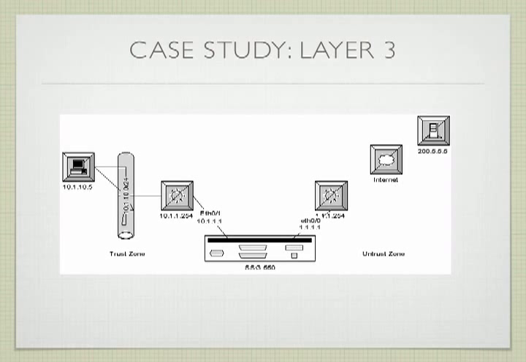There are 2 Ethernet interfaces, 00 and 01, configured on the ScreenOS device, and there is one router to either side of the ScreenOS, one in the untrust and one in the trust. And then we have our sample web server at 200.555. So this is our sample network for the configuration exercise here.